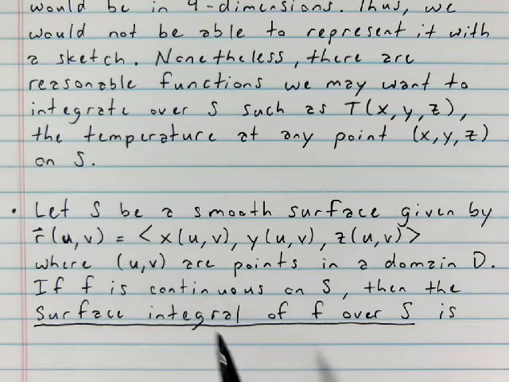When we would parameterize a curve, for instance, we would have our parameter t, usually between a and b.